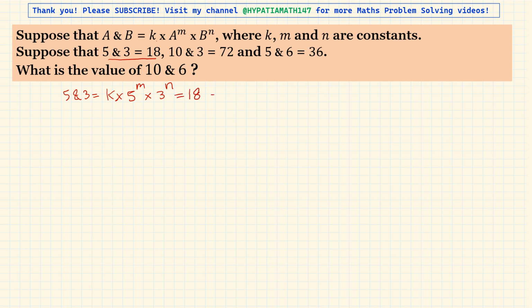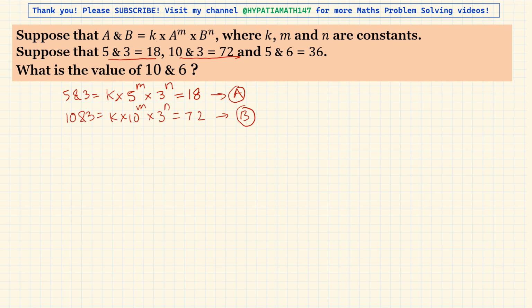I can call it equation A. And then I'm going to write 10 ampersand 3 for this one. So 10 ampersand 3 is k times 10 to the power m times 3 to the power n equals 72, and I'm going to call it B.